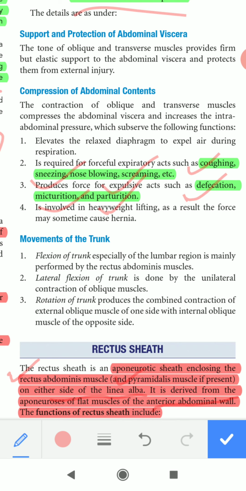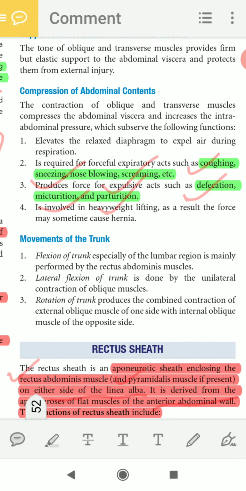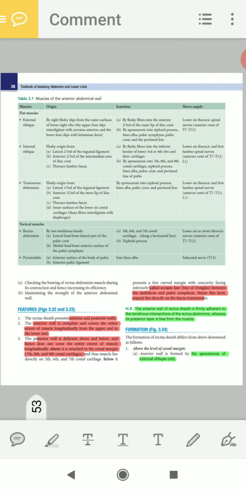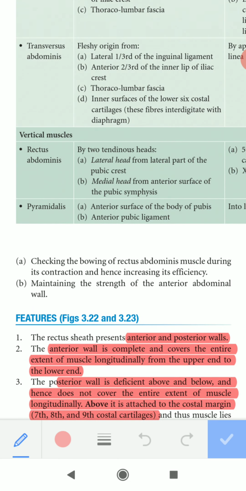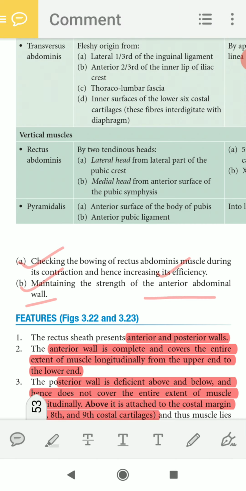The function of the rectus sheath includes checking the bowing of the rectus abdominis muscle during contraction, so it increases its efficiency and maintains the strength of the anterior abdominal wall. So the rectus sheath is an aponeurosis that covers the two muscles, rectus abdominis and pyramidalis.